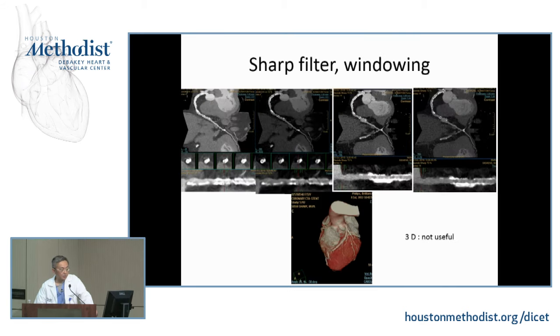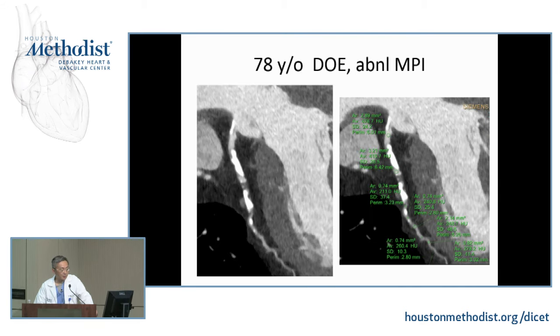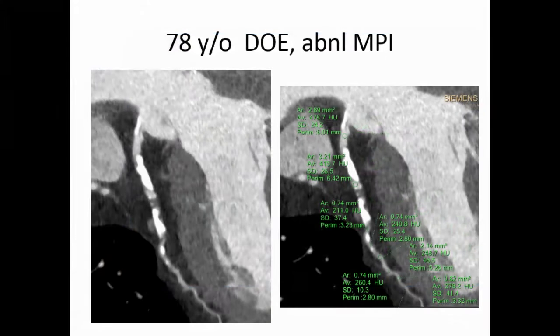This is just to show you some examples. This is a patient with dyspnea on exertion, abnormal myocardial perfusion imaging, and you can see very diseased vessels, and in the middle here is an interruption of the artery.